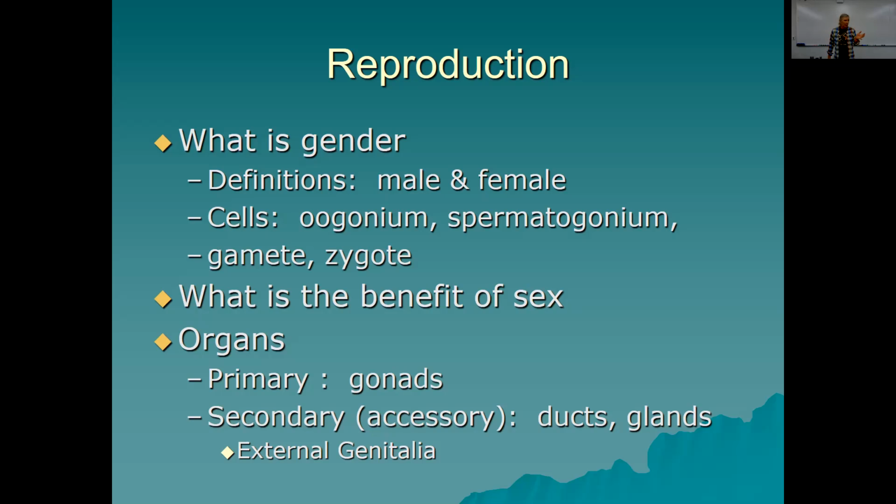Might be a stupid question, but what is a male? What is a female? How come there are only two of them, two genders? Some organisms actually have lots of genders. The animals only have two. Sometimes they only have one if they're asexual. But what is a gender? It's a mating type.